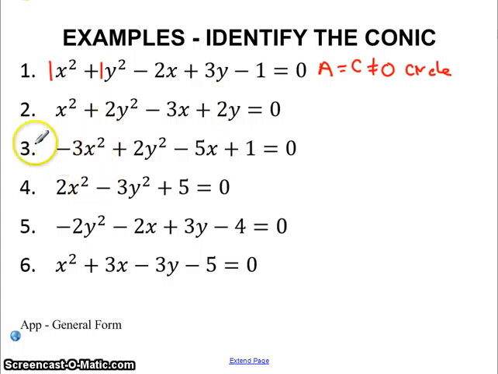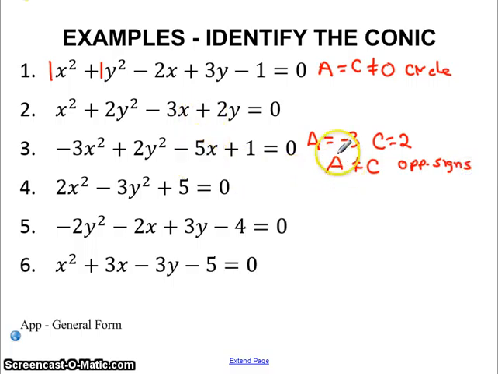Let's skip down to maybe number 3 here. We see that A is equal to negative 3. Okay, A is negative 3. C is equal to 2. And clearly A is not equal to C, and they have opposite signs. Since they have opposite signs, we know that this is a hyperbola.